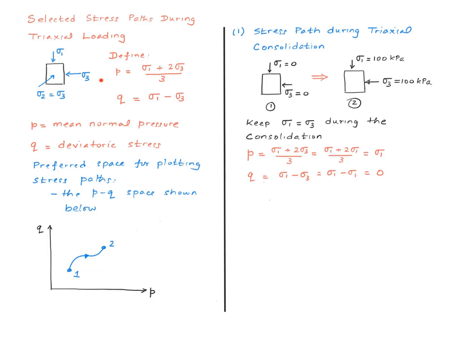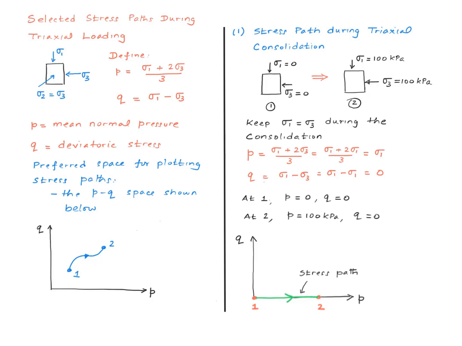Now I utilize the definitions of P and Q in conjunction with this relationship in order to arrive at these equations. So P works out to be equal to sigma 1, Q works out to be equal to 0. The values of P and Q at point 1 are these, 0, 0. At 2, P is 100, Q is 0.